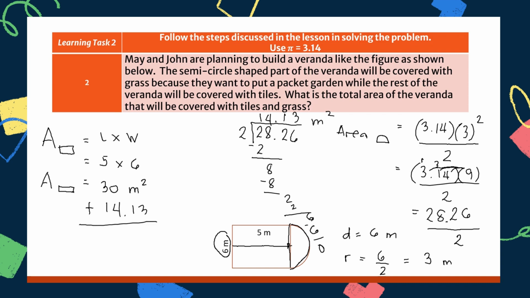So obviously, copy the decimal part, 13, and then add the whole numbers, 30 and 14. So 0 plus 4 is 4, and 3 plus 1 is 4. So we now have 44.13. Ano ang unit? Square meter.